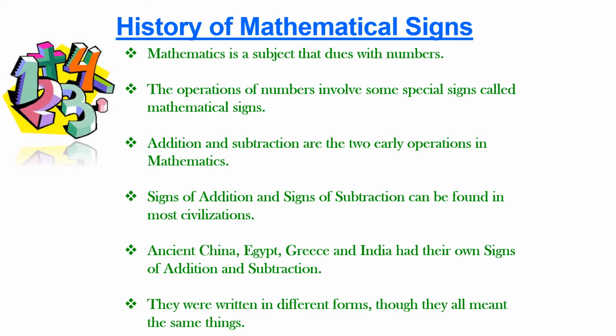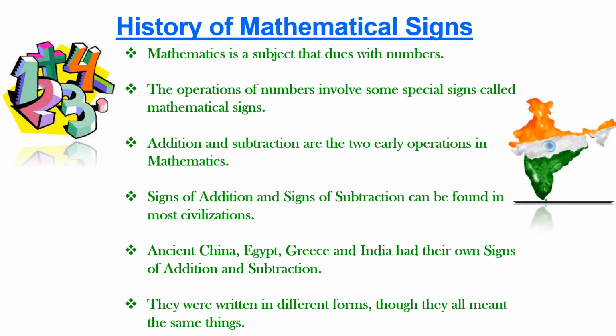As we know, mathematics is a subject that deals with numbers. It is important for us to know how to operate with numbers. The operation of numbers involves some special signs called mathematical signs. In order to study mathematics well, it is essential for us to know the meaning of each mathematical sign and use them correctly.